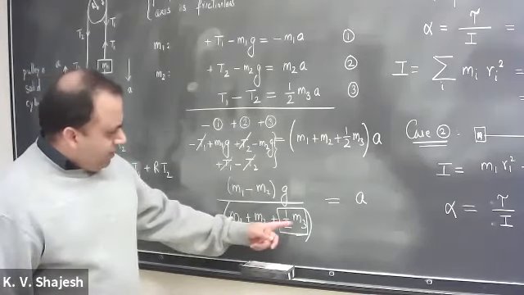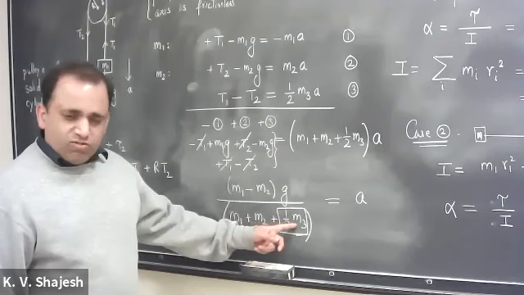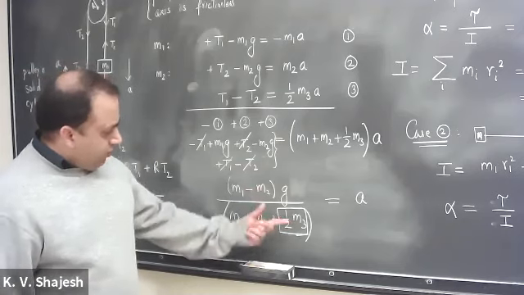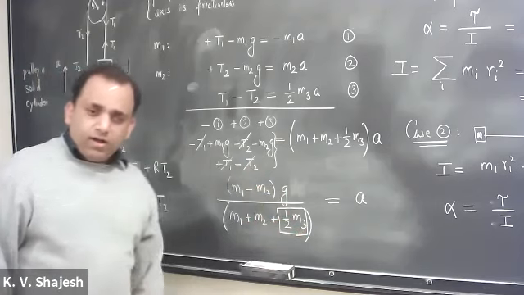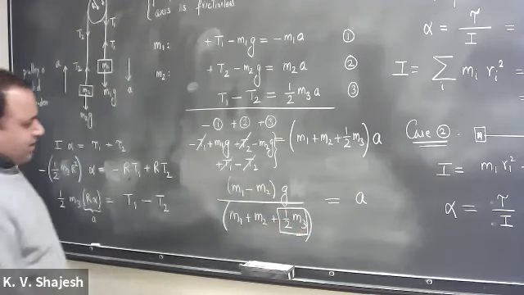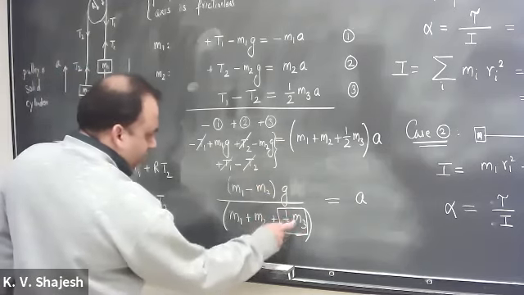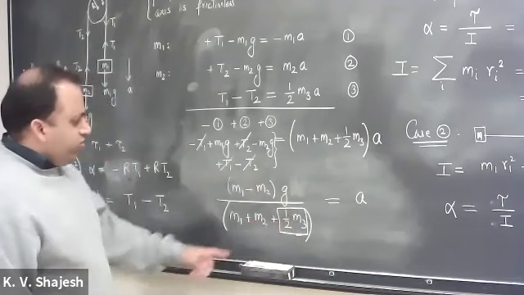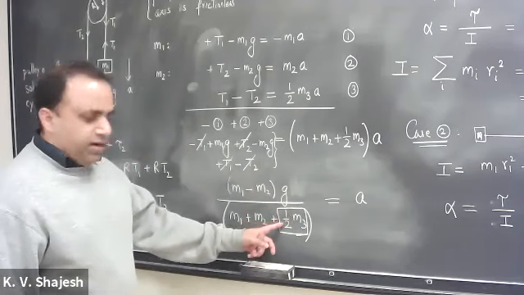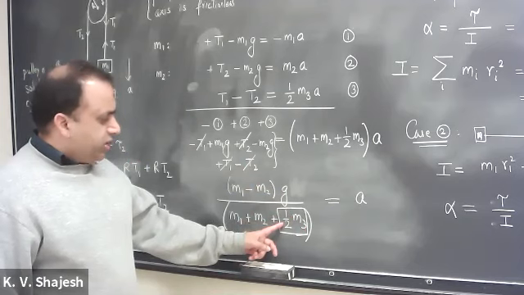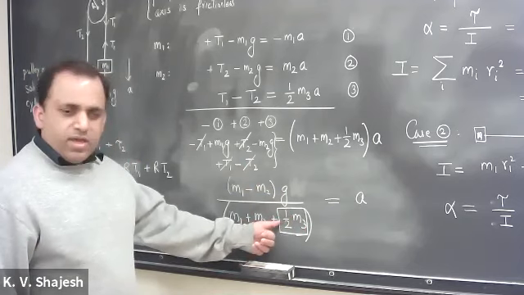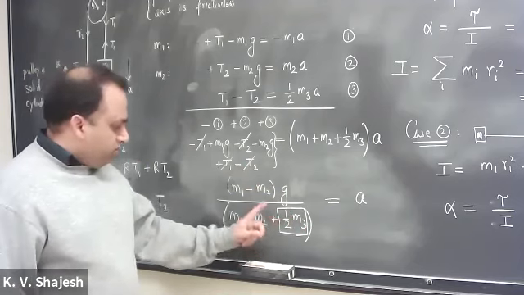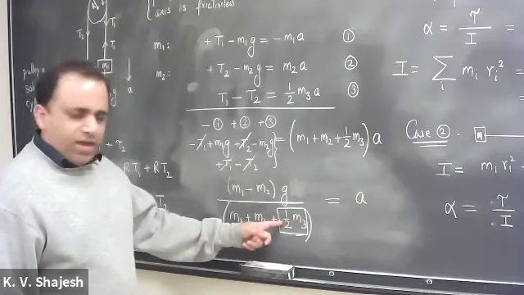But now, since the pulley has a mass M3 associated with it, that is an additional term in there. But then it is multiplied by a factor of half. Since we chose this to be a solid cylinder, it came out to be a half.